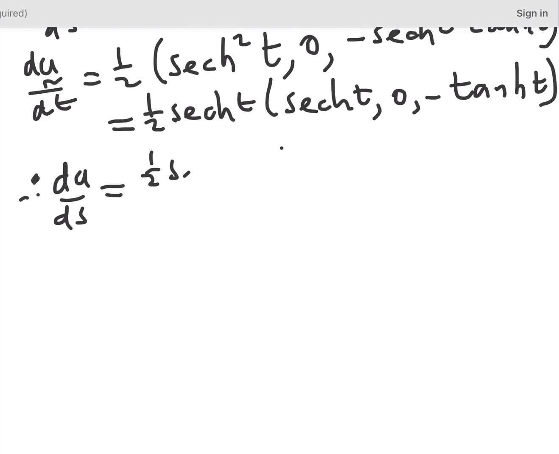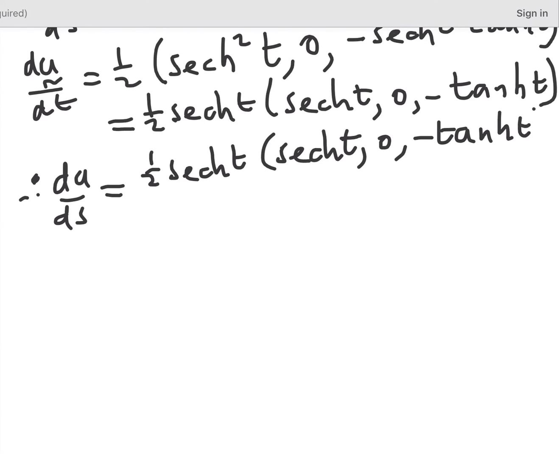This is a half hyperbolic sec into hyperbolic sec, 0, minus hyperbolic tan, right? And if this is du dt, divide that by ds dt, and ds dt we showed above is 2 hyperbolic cos.